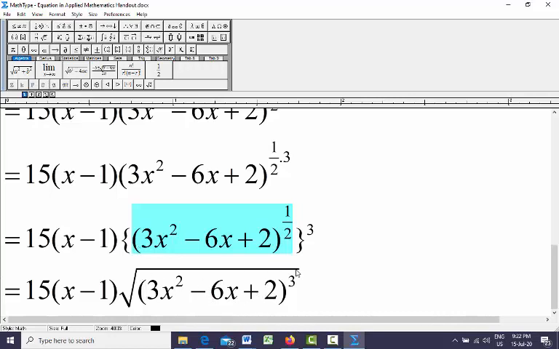For power half we can write square root, and on top of that we have power 3. So we have power 3 here. So that's the answer.